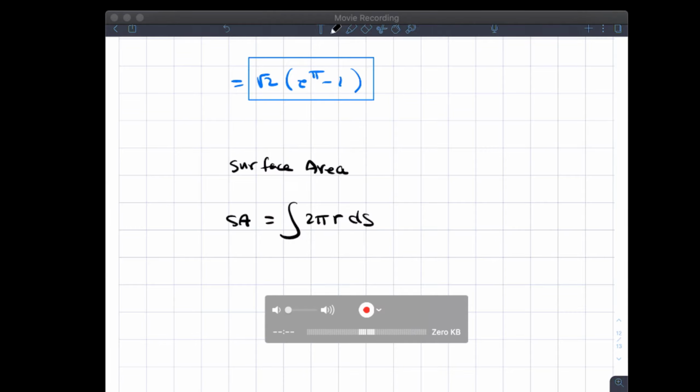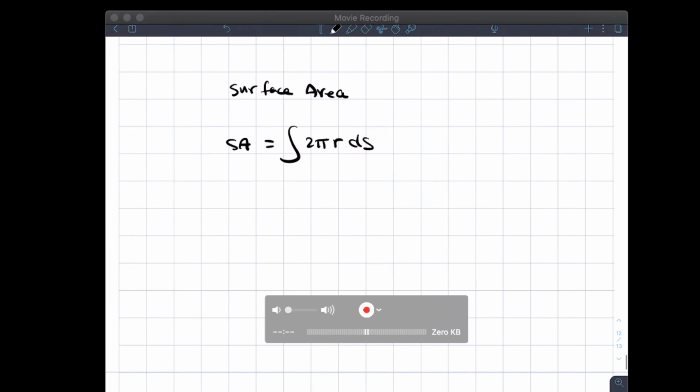So the first example that I want to look at with surface area, let's see. X is going to equal here 3t minus t cubed.